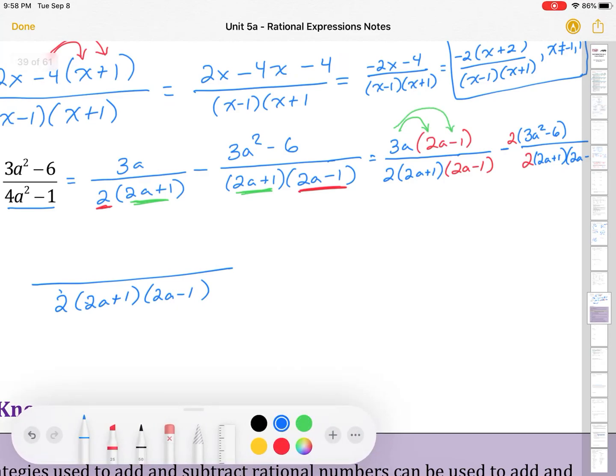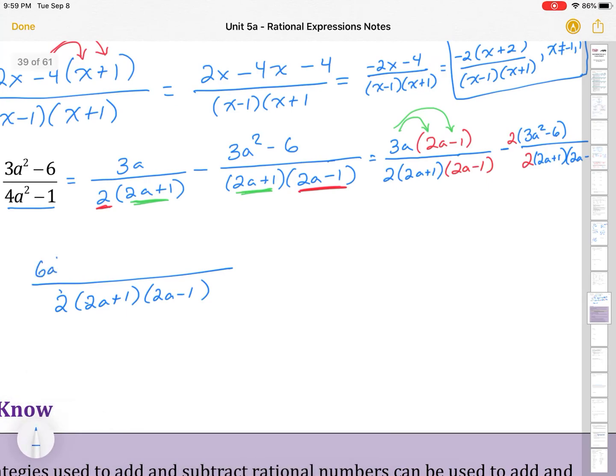So I have 3a times 2a, which is 6a squared. 3a times minus 1 is minus 3a. Then I have minus 2 times 3a squared minus 6. So minus 2 times 3a squared is minus 6a squared, and then plus, because it's minus 2 times minus 6, so plus 12.